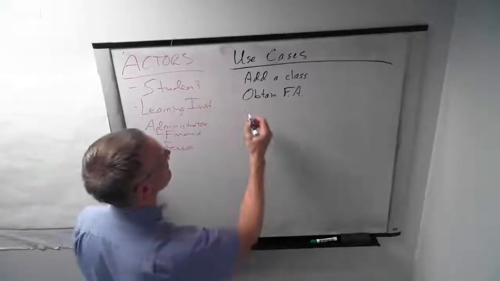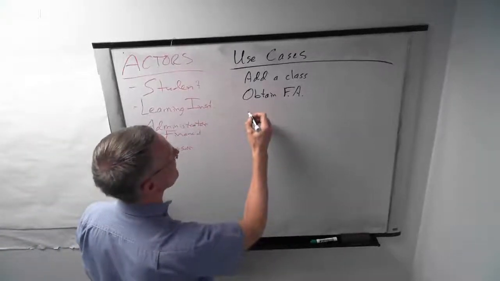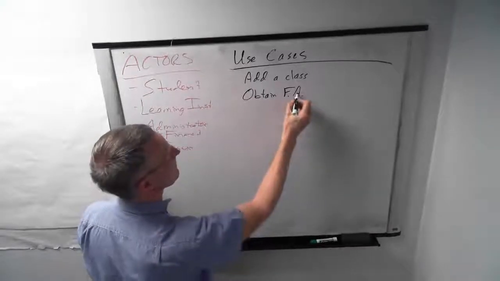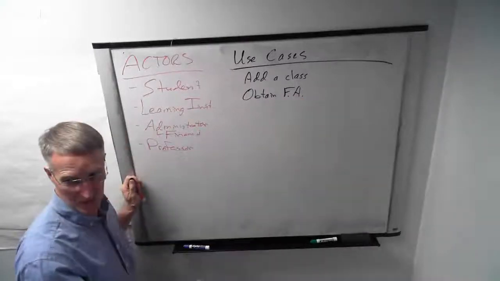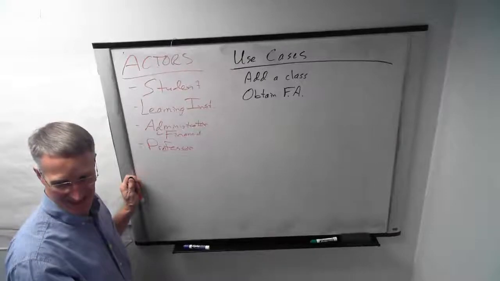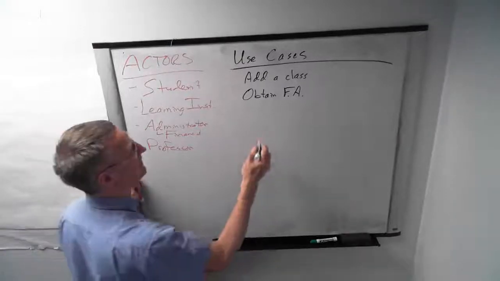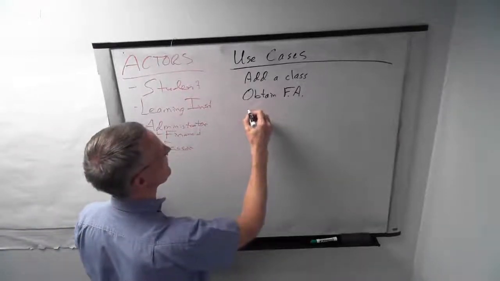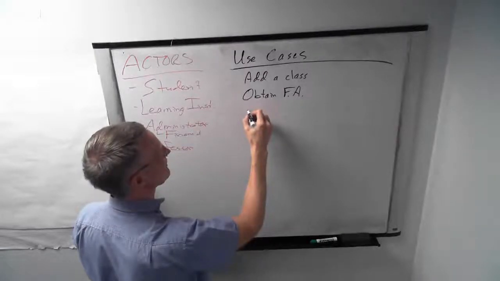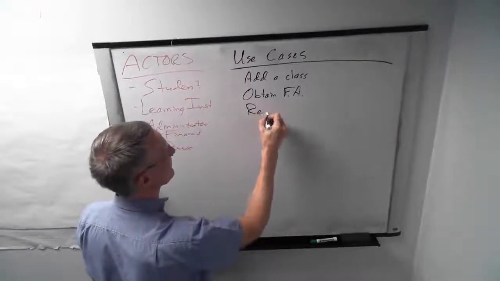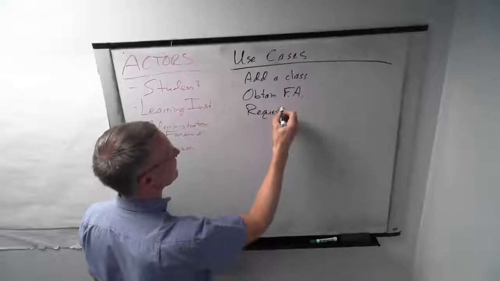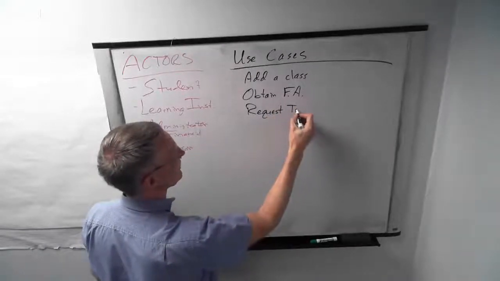Acquiring transcript, because acquiring is a verb. So who would trigger that one? That is going to be the student that's going to request that. Okay, so why don't we do request transcript, or obtain transcript? Either way works.